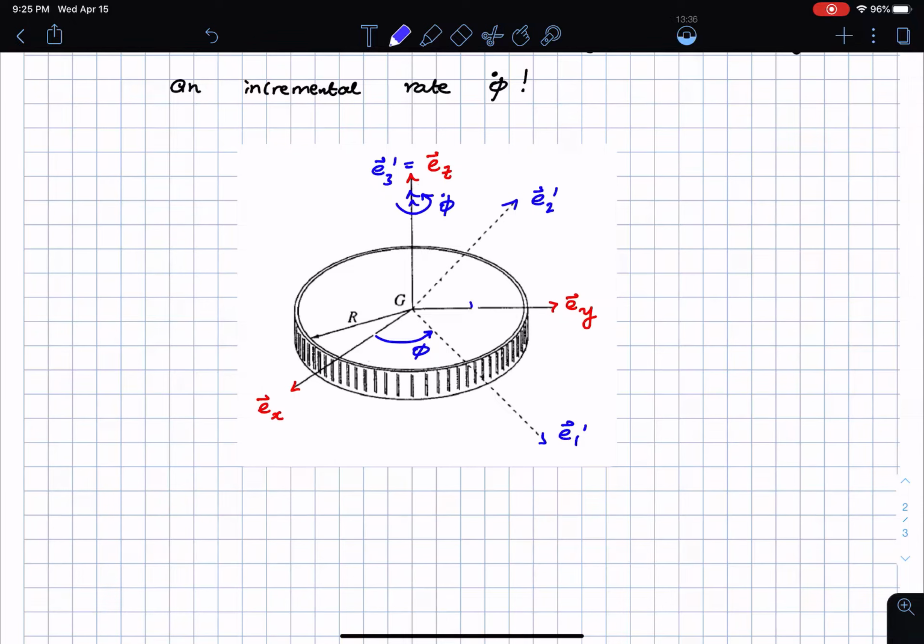Okay, and this vector also rotates by an angle phi. All right, and so in this particular situation, this is the first rotation.